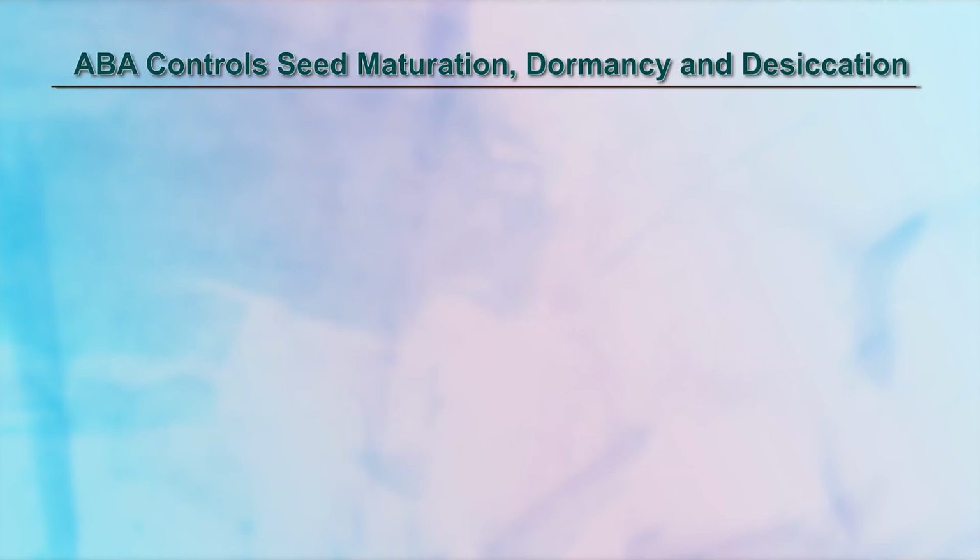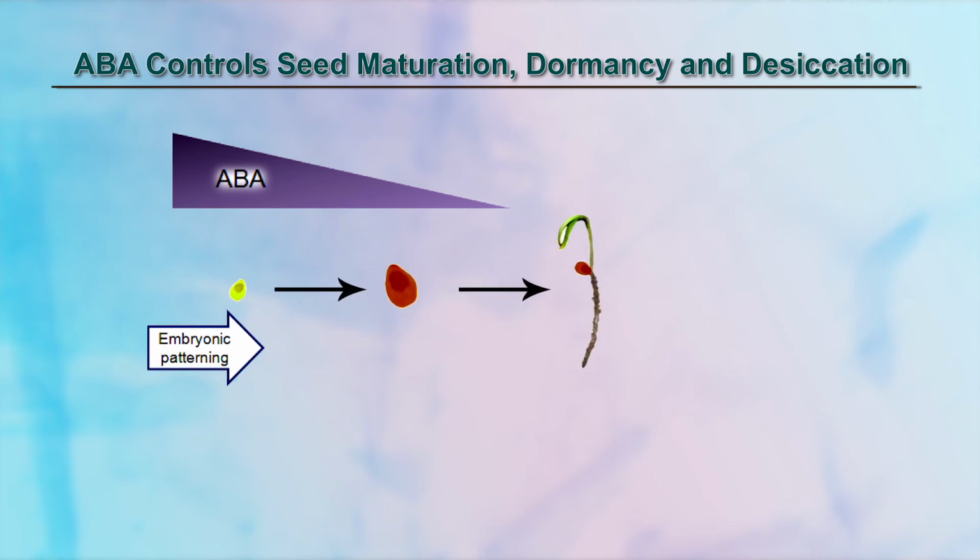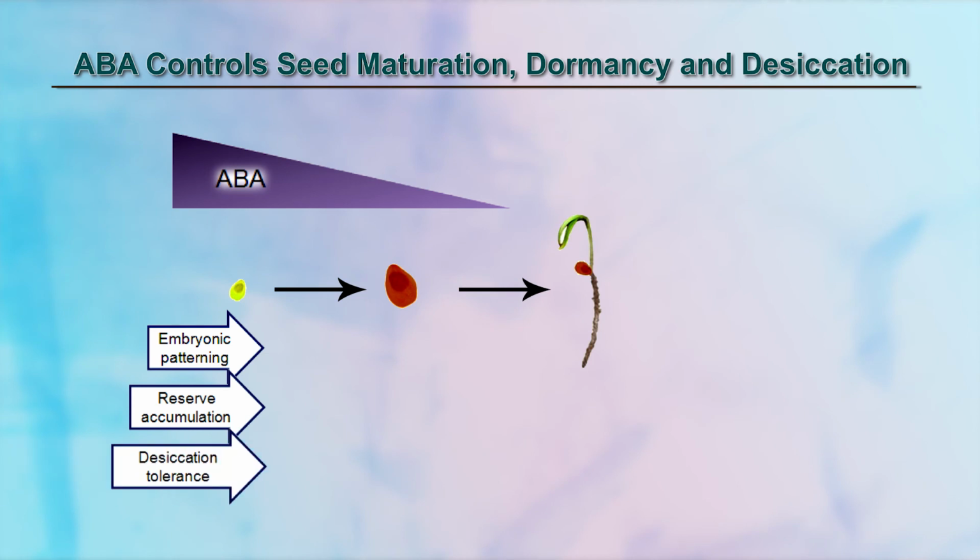The relative levels of ABA and gibberellin can control the fate of the seed. When ABA level is high, we see embryonic patterning, accumulation of reserves, as well as desiccation tolerance in the seed. This is for seed maturation, for seed dormancy, and obviously desiccation tolerance.